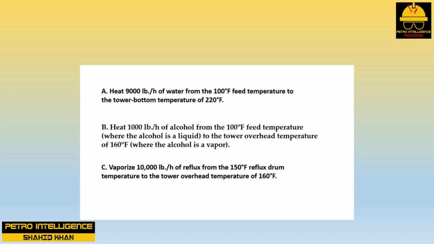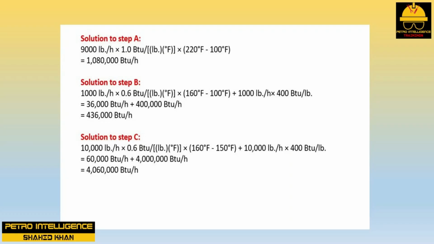Heat 1,000 pound/hour of alcohol from the 100 degrees Fahrenheit feed temperature, where the alcohol is a liquid, to the tower overhead temperature of 160 degrees Fahrenheit, where the alcohol is a vapor. Vaporize 10,000 pound/hour of reflux from the 150 degrees Fahrenheit reflux drum temperature to the tower overhead temperature of 160 degrees Fahrenheit.